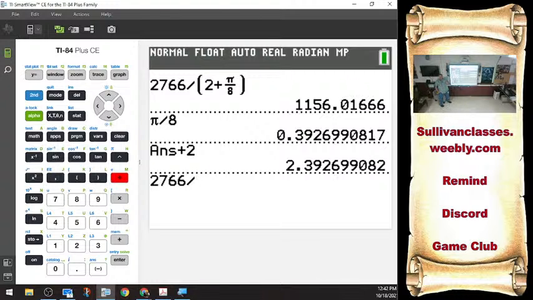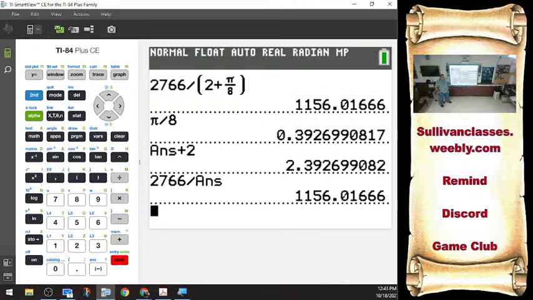I have two options. Option 1, I can literally come up and highlight it, hit enter. Or, right above my negative button is answer. Both will work. So 1156.017.